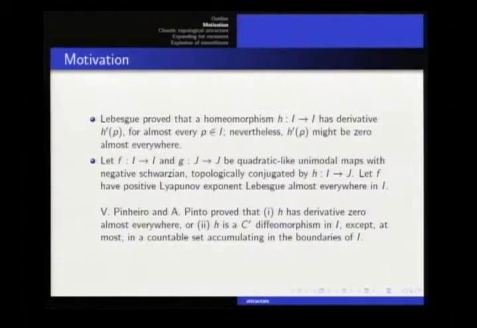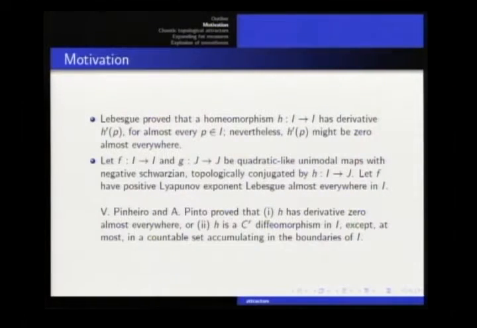For quadratic-like unimodal maps with negative Schwarzian, if we assume that they are topologically conjugated by H, and if F has a positive Lyapunov exponent Lebesgue almost everywhere, we are able to prove a dichotomy result. So either H is a C^r diffeomorphism or it has derivative zero almost everywhere.